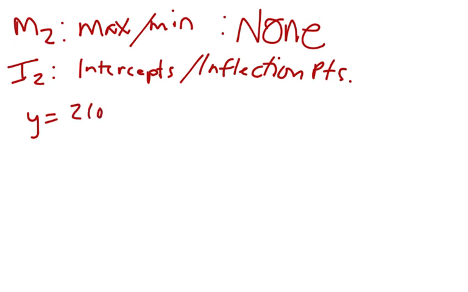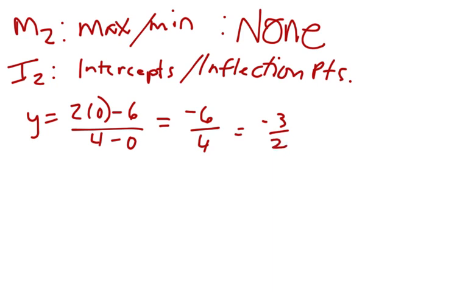So 2 times 0 minus 6 over 4 minus 0 equals negative 6/4, which simplifies to negative 3/2. So I have an intercept at the point, and I write it as a coordinate pair, 0, negative 3/2. Okay, that's my y-intercept.